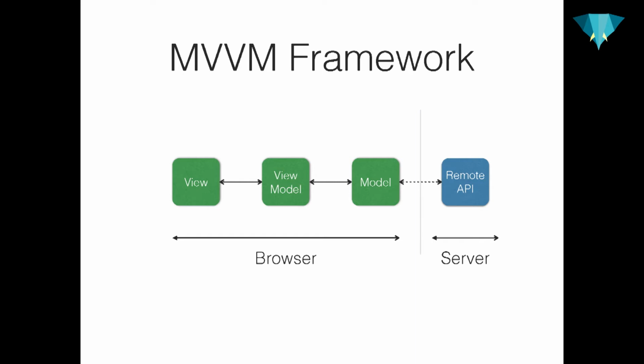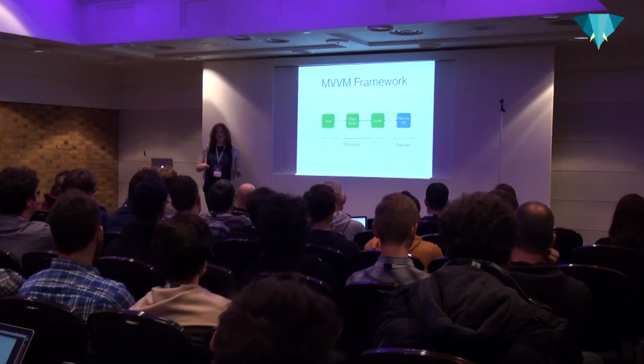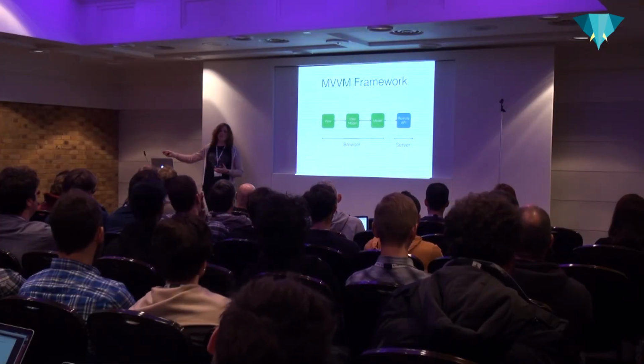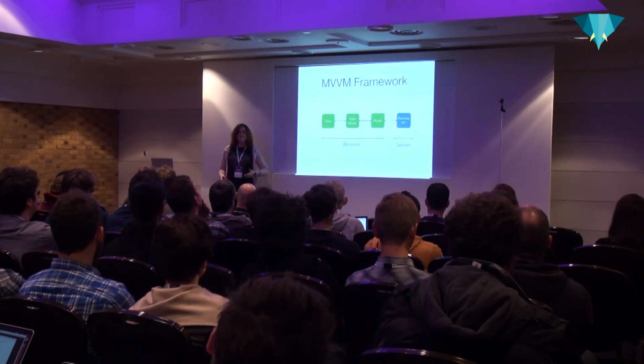The view model turns this button clicked event into something a bit more complicated: a new user created event, which is then passed to the model. The model then persists that somehow, either in local storage or by passing it up to an API, depending on what you need, which is not that dissimilar to a standard MVC framework.